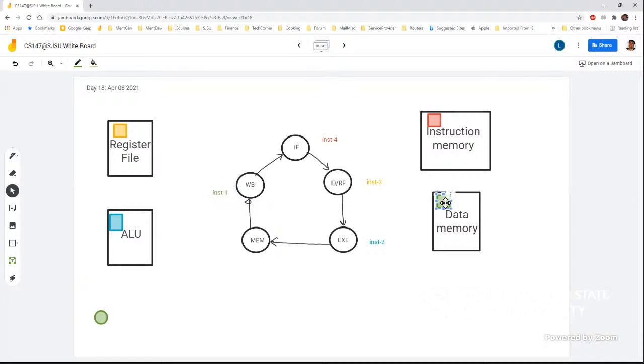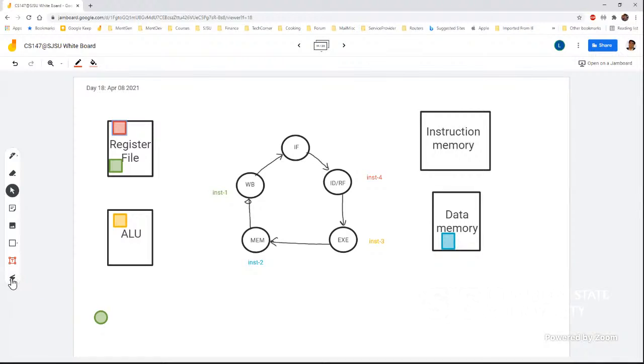That means it is using this register file. Instruction 2 is in the memory, so it should use this data memory. Instruction 3 is in the ALU, exe phase, so it's using the ALU as a resource. And instruction 4 now wants to use the register file. Boom, there is a conflict.